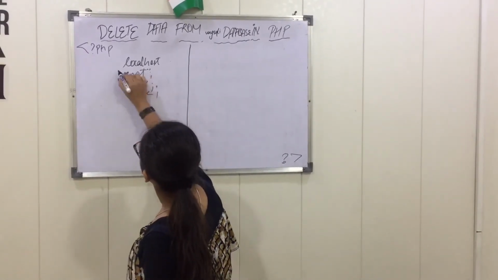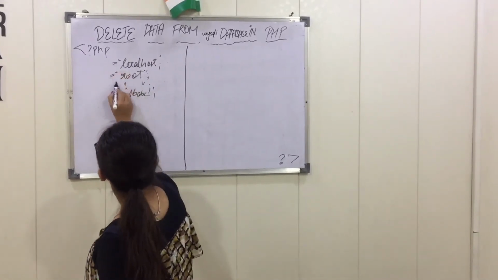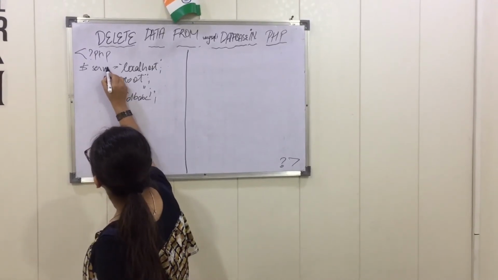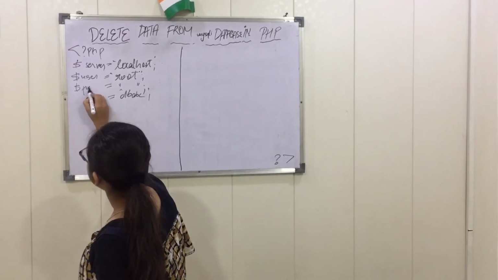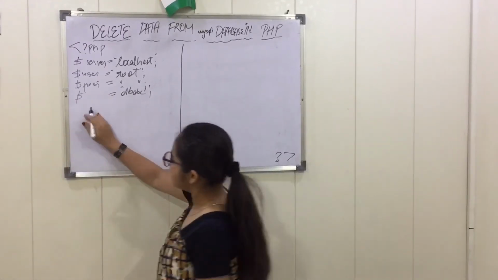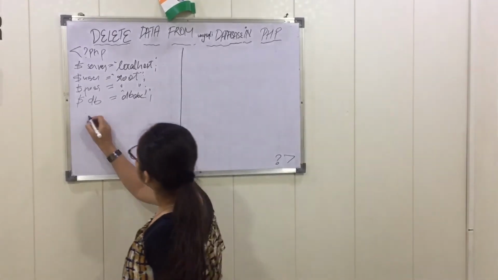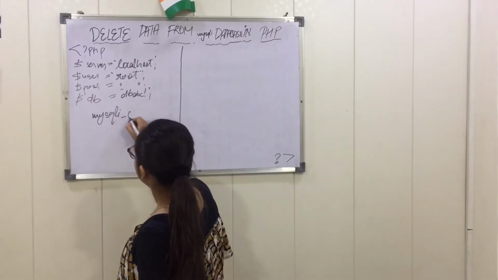After that, put these into variables. First is $server, second is $user, third is $pass, that is password, fourth is $db. So now I will make a connection, that is mysqli_connect.